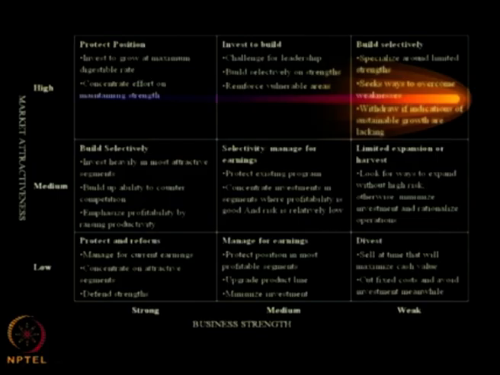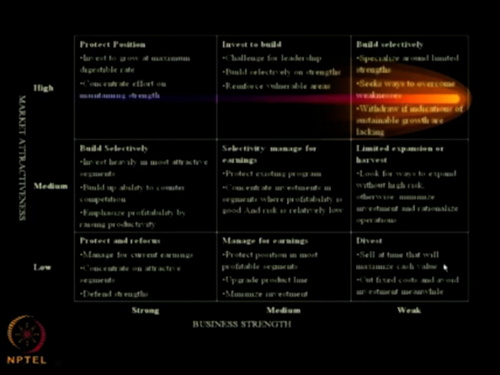Then divest. That is when your strength is weak, this is a case for divesting, or you are going into the dogs type of scenario with respect to the BCG matrix.